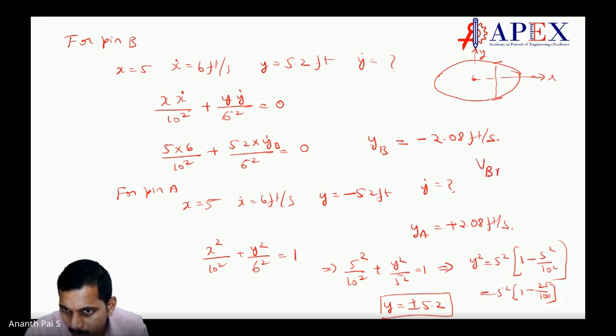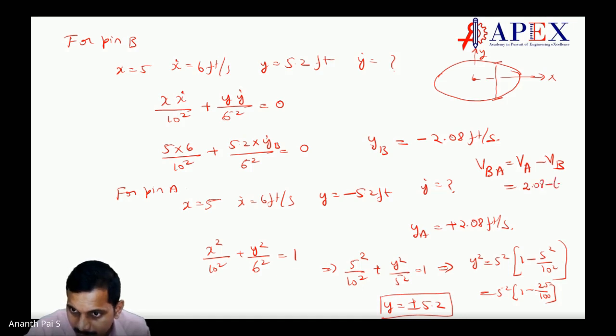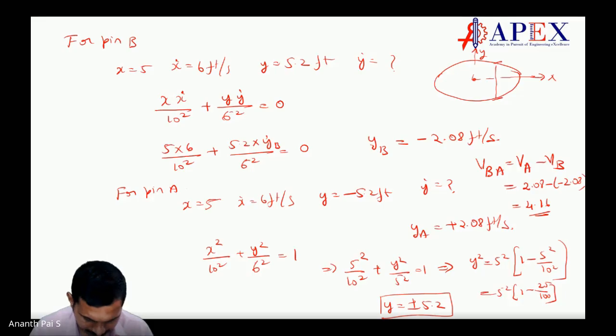VB with respect to A is VA minus VB. VA is 2.08 meters per second, minus of minus 2.08, which is B. So what is it? 4.16, is it not? Make sense? Simple.